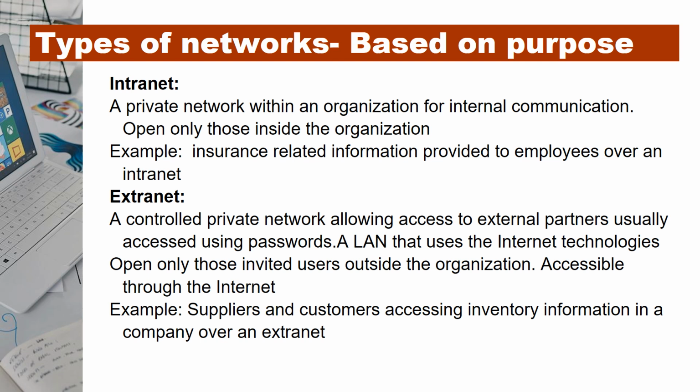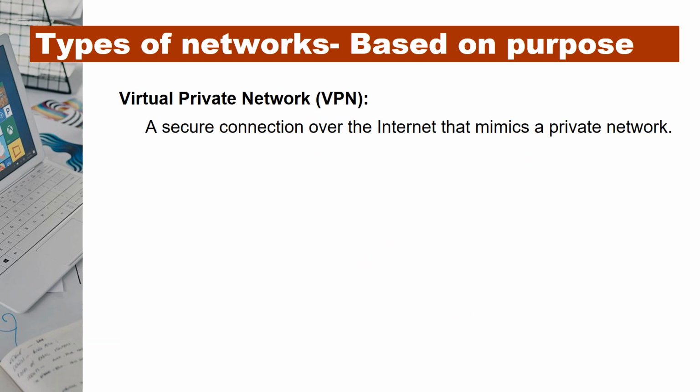There is an example that I gave, that suppliers and customers access inventory information in a company. Then a VPN is a secure connection over the internet that mimics a private network. They are used for providing secure access to remote networks.